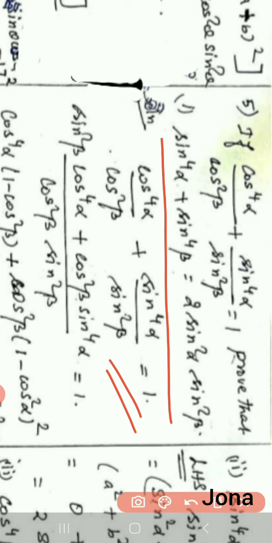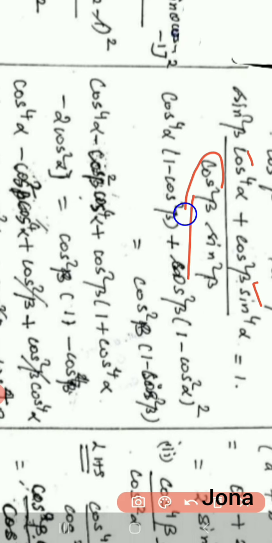Okay, I want to take LCM for this so that I can get the denominator as cos square beta into sin square beta, and the numerator we have to cross multiply so that I can get sin square beta cos power 4 alpha plus cos square beta sin power 4 alpha equal to 1.